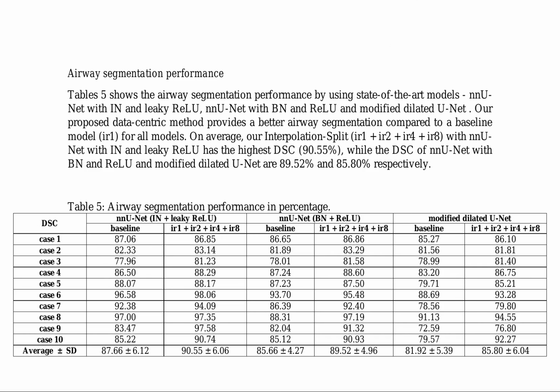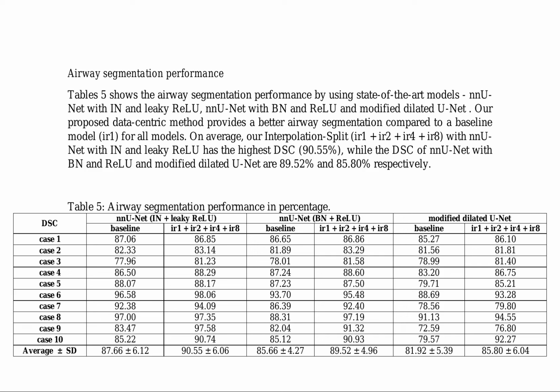Airway segmentation performance is evaluated using state-of-the-art models, including NNU-net with instance normalization and leaky ReLU, NNU-net with batch normalization and ReLU, and modified dilated U-net. A baseline model serves as a comparison for the proposed data-centric method, with results presented in Table 5.